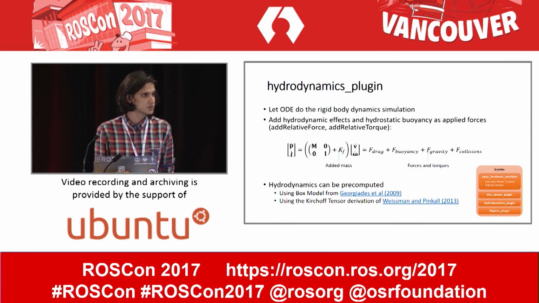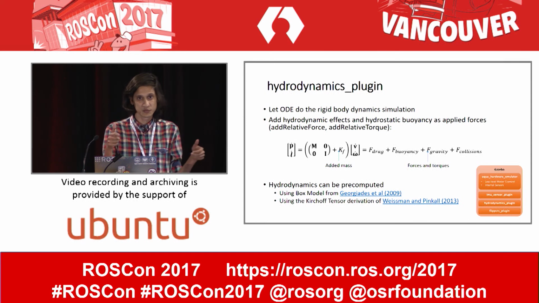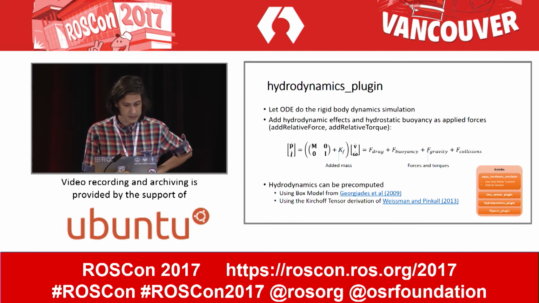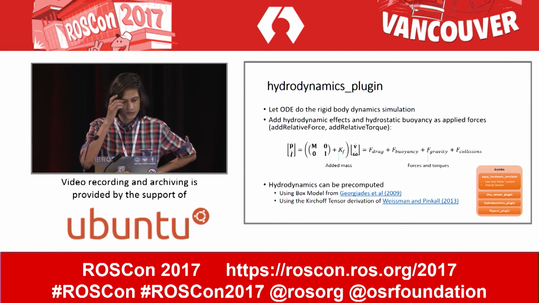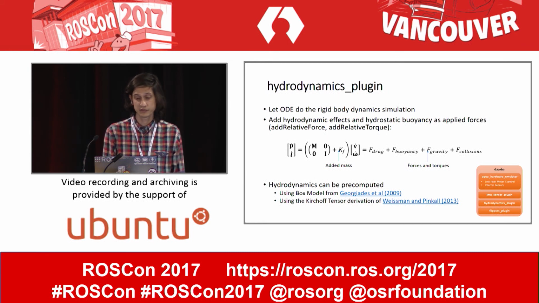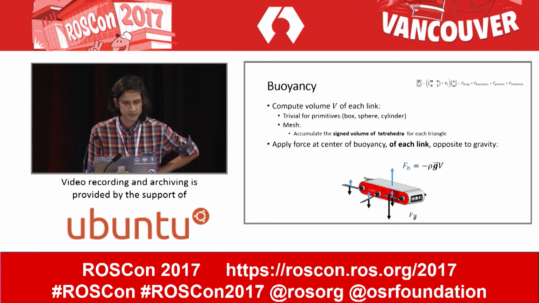One is using a box model: we go through all the geometry of the robot, put boxes around every link, and compute the drag, assuming that every link is boxed. We also implemented one idea that was published in SIGGRAPH a couple of years ago, which is based on the mesh of the geometry. So I'll explain a little bit more about the mesh method.